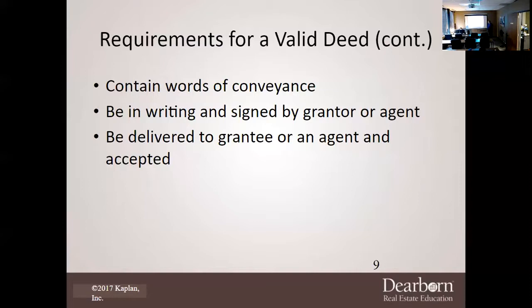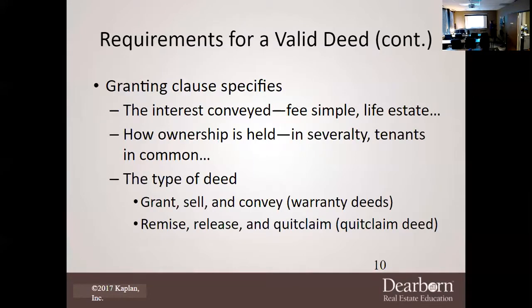Okay. And then, of course, the last one, it has to be delivered to the grantee or an agent and be accepted. Okay. So, like we said before, we've had that discussion in here many times. Just because you sign it does not mean that it's been what? Fully executed. Okay. Now, the granting clause specifies the interest that is conveyed, either a fee simple or a life estate.